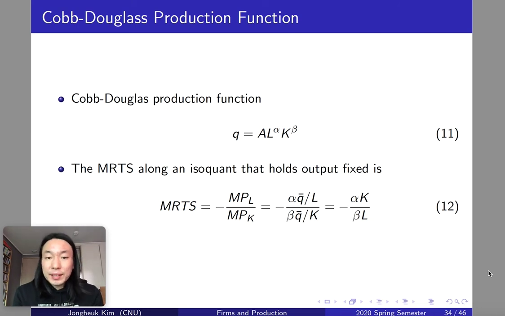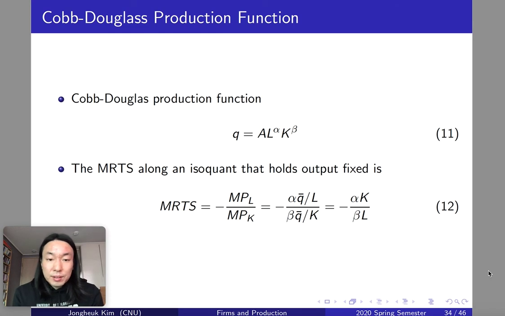But you can simply assume that alpha and beta are positive numbers smaller than 1. With this specific form of the Cobb-Douglas function, you can use some simple algebra and simple calculus to find the MRTS in terms of alpha, beta, K, and L. Okay, so how about that?